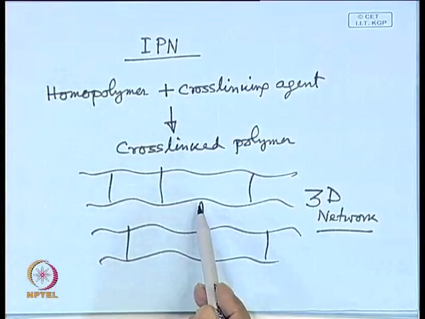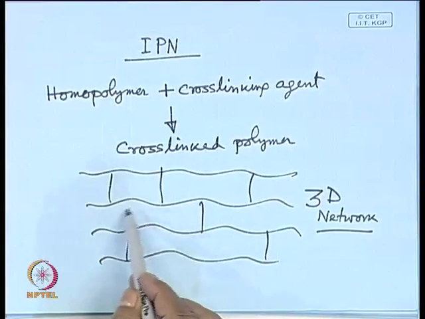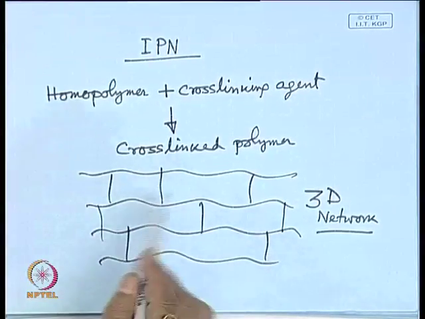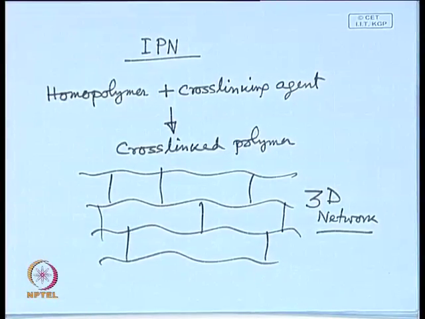You grow a second polymer within this network, inside this free volume, interpenetrating. You understand? You have a 3D network, and within the 3D network you are growing another polymer system. That polymer will be grown inside this network; you can call that an interpenetrating network.